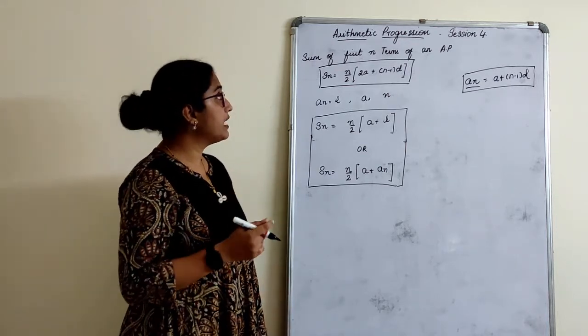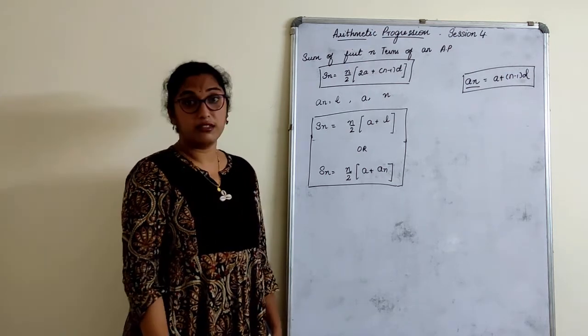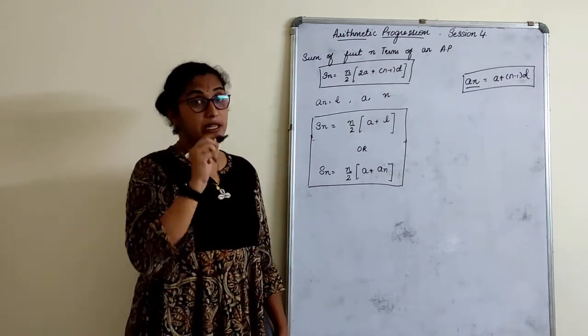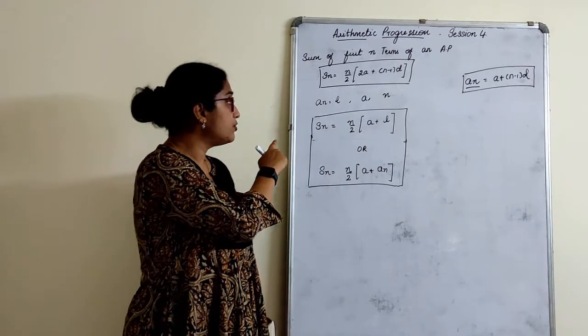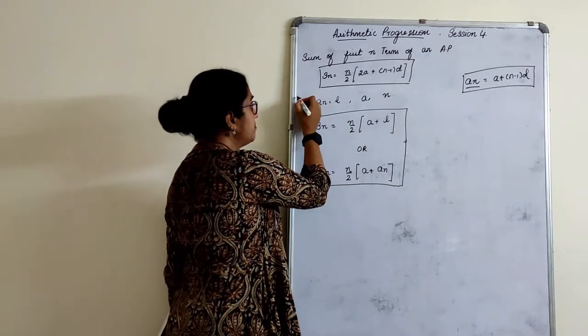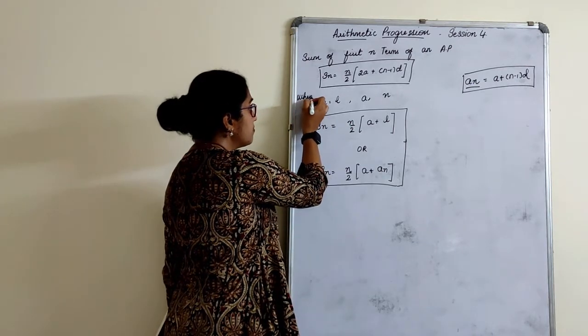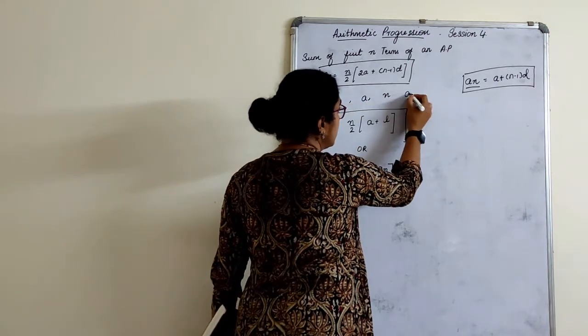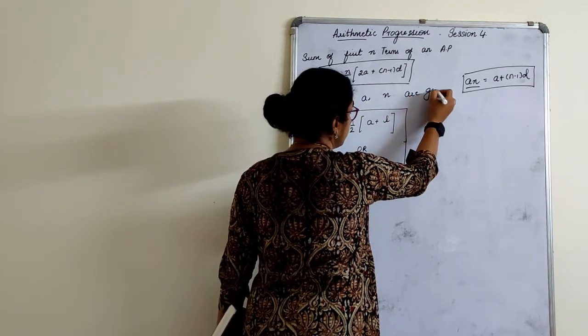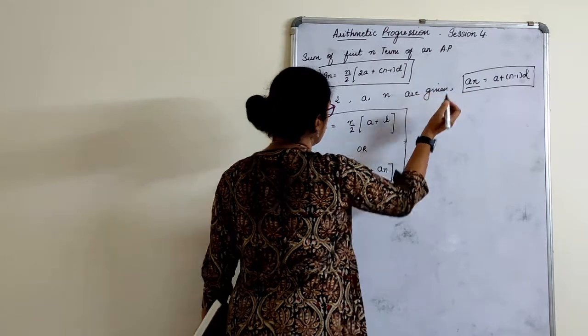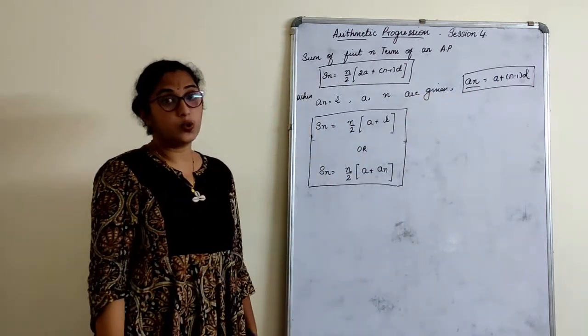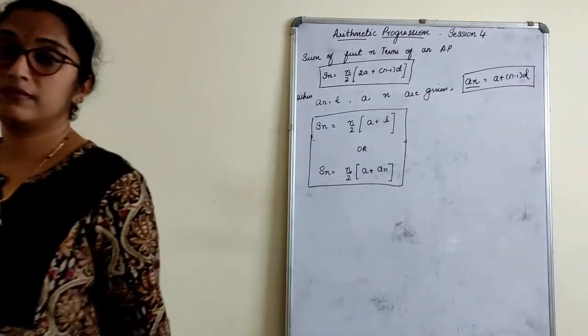I want you all to give the heading as sum of first n terms of AP. Just write the formula, highlight it, then write: when the last term L, a and n are given, then Sn is equal to n by 2 (a plus L).